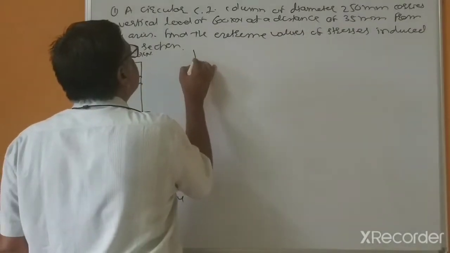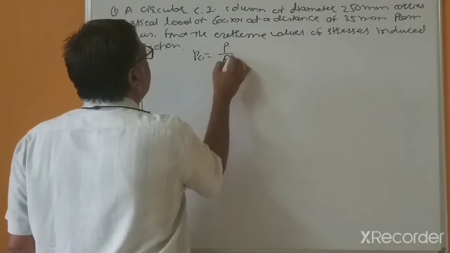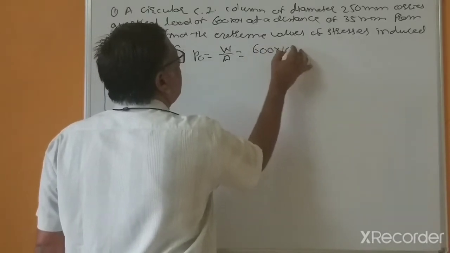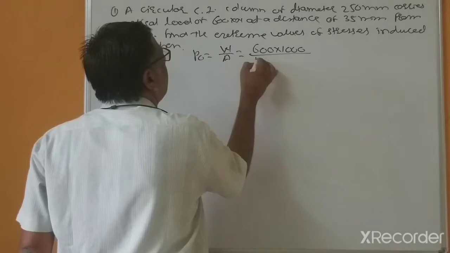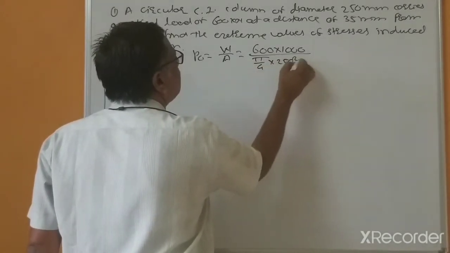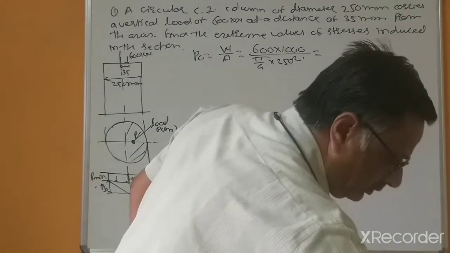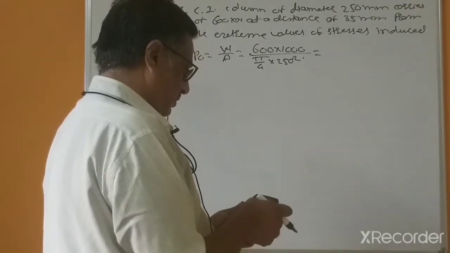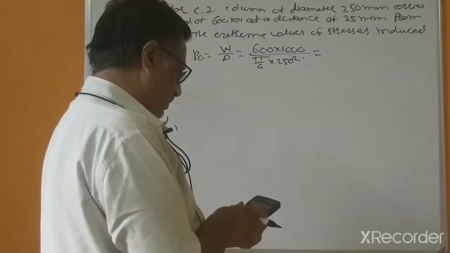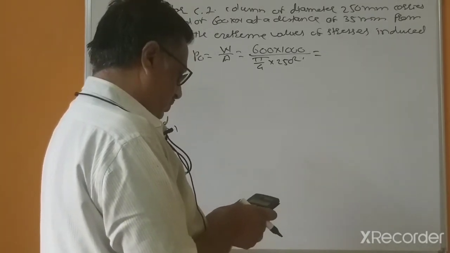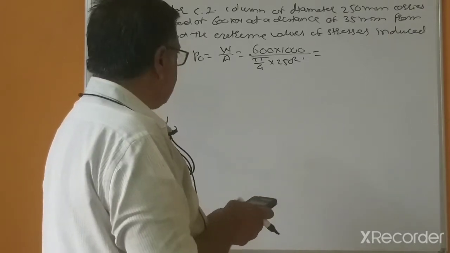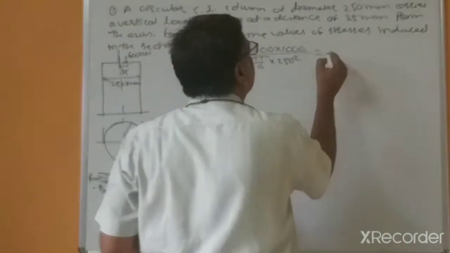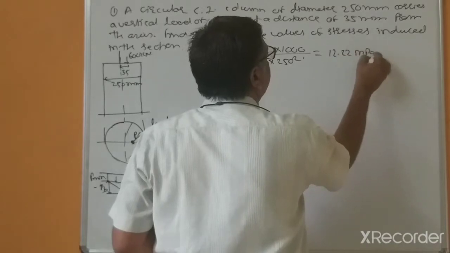First we will calculate direct stress, equal to P divided by A, or load divided by area. Load equals 600 kilonewtons multiplied by 1000, area of cross section is pi by 4 times 250 squared. The direct stress is compressive and equals 12.22 megapascal.